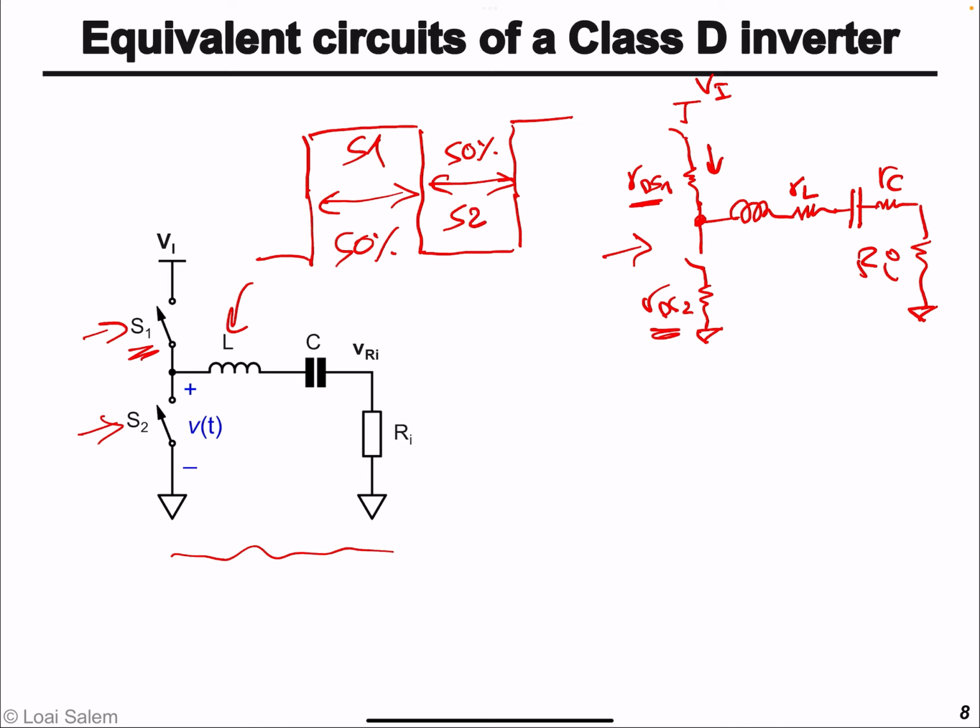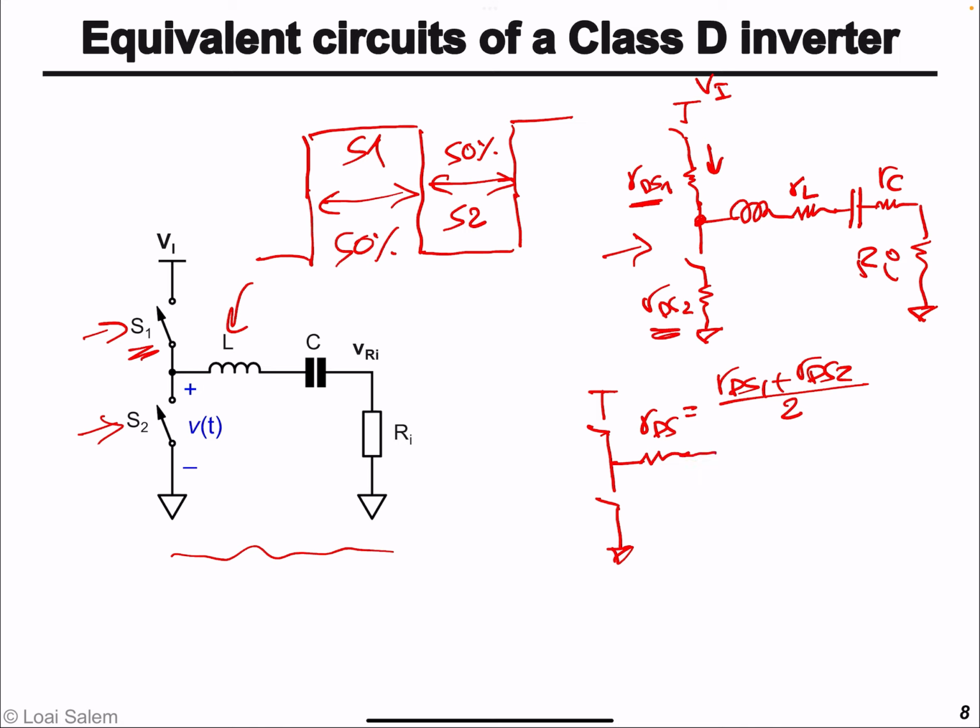And so we find that the equivalent resistance of both of these resistors is RDS, equal to the average value of RDS1 plus RDS2. Since each one conducts for 50% of the time, we just divide by 2.